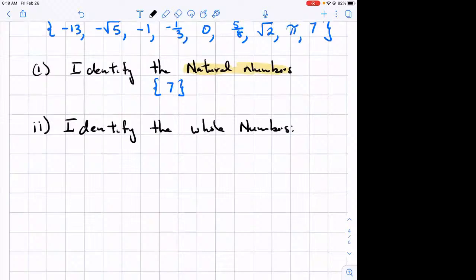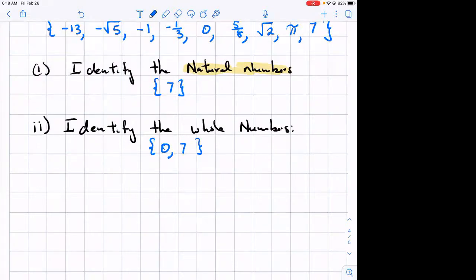So we have 0 and 7, and this is my set of whole numbers. Please remember, when you write a set, it has to be in curly braces, or curly brackets, some of you may say.